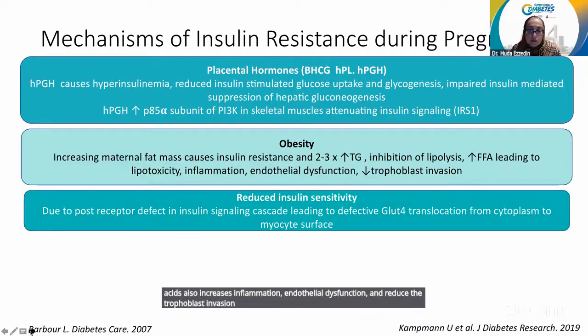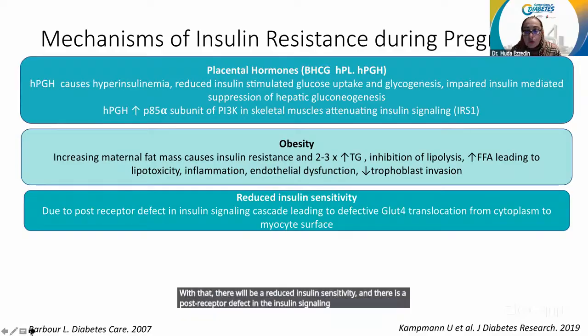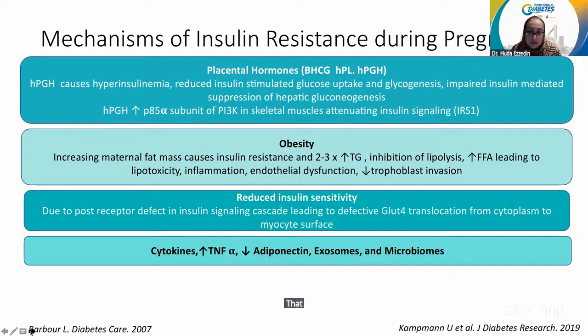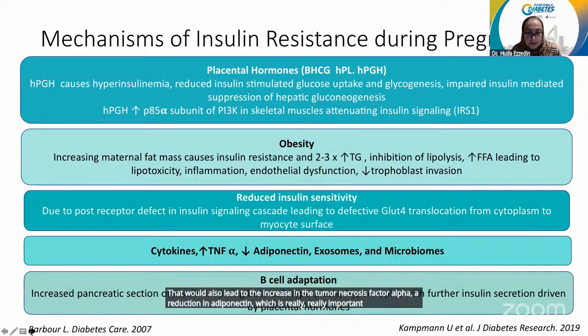With that, there will be reduced insulin sensitivity, and there is a post-receptor defect in the insulin signaling cascade with pregnancy. That would also lead to an increase in tumor necrosis factor alpha and a reduction in adiponectin, which is really, really important during pregnancy.